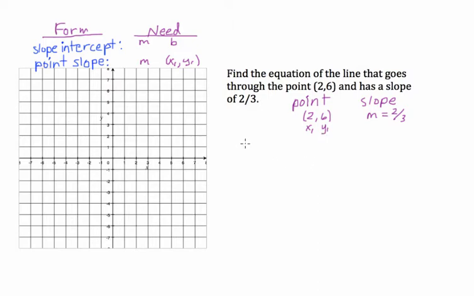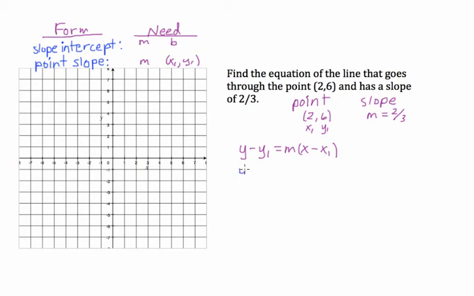So now we just take point-slope form. y minus y1 equals m times the quantity x minus x1. And we just sub our stuff in there. The y and the x are going to stay in the equation.